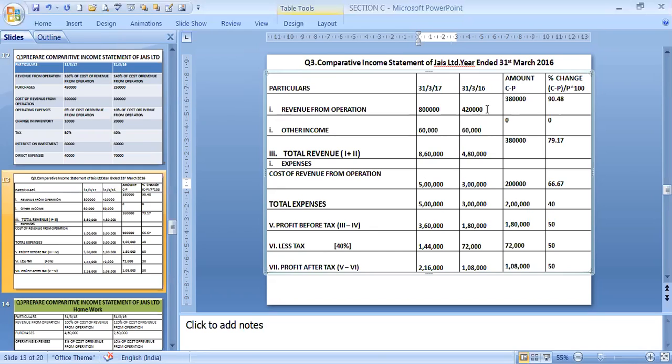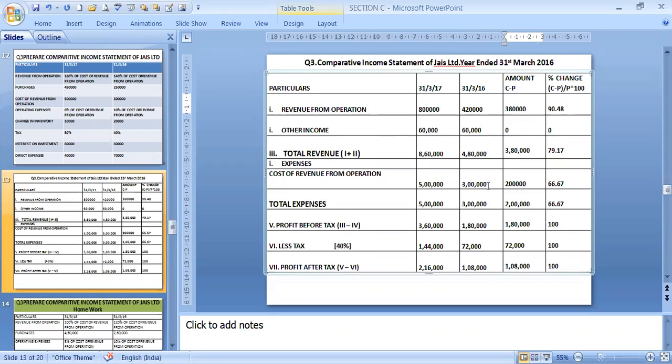To find the percentage change, we divide the absolute change by the previous year. That means 4,20,000 divided into this one, which comes to 90.48. That is the percentage change. For other income there is no change, 0. Total revenue is 3,80,000 divided by 4,80,000 into 100, which is 79.17.